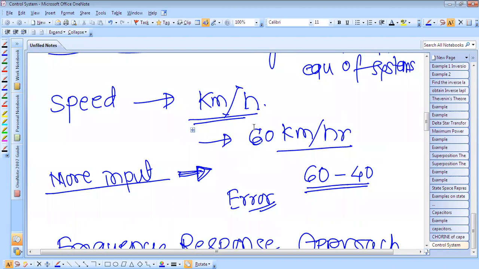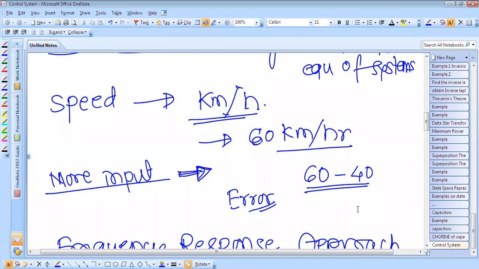Yesterday we took the example of a car. Suppose the expected speed of the car is 60 km/h, and the actual speed is 40. Then we have to accelerate using the pedal, applying more force on the pedal.